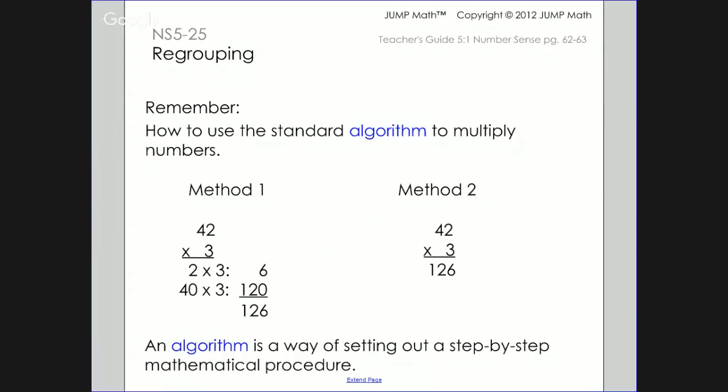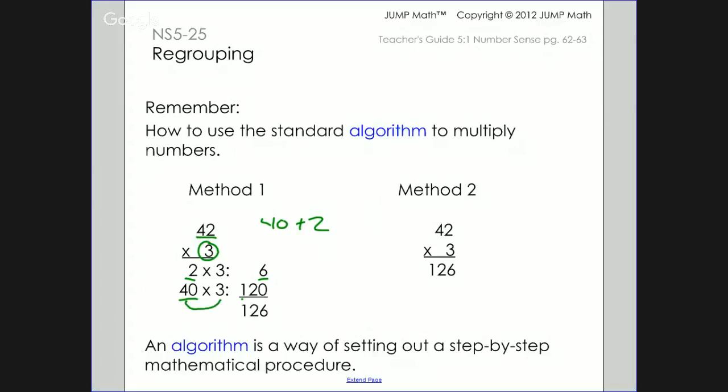So 42 times 3, you could break it down, take the number 42 and break it into 40 plus 2, which is what you see here. And you're multiplying both of those numbers by 3. So 2 times 3 is 6, and 40 times 3 is 120.